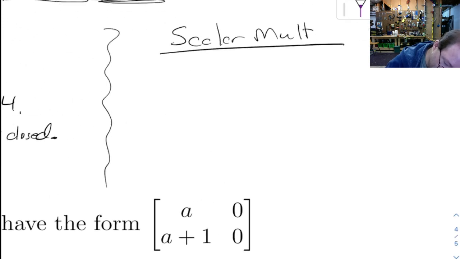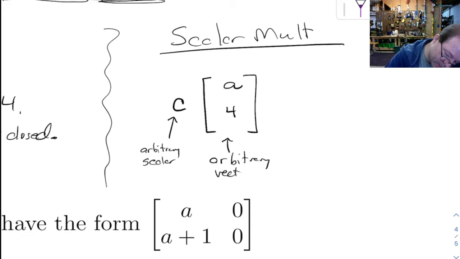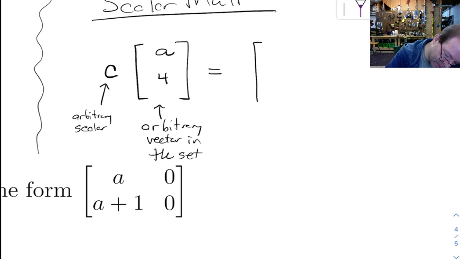So pick an arbitrary vector in the set with an A there and a 4 there, and multiply it by an arbitrary scalar. Now when we multiply this out, we get CA on top, and we get 4C on bottom.